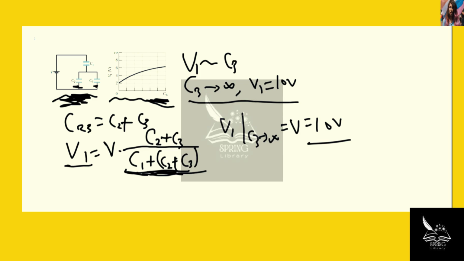And then we can utilize the two special points in this curve. This is the first point, and here is the second point. We can utilize the two points to solve for C1 and C2. So suppose we use, oh, by the way, the scale of C3 here is 12 microfarads.